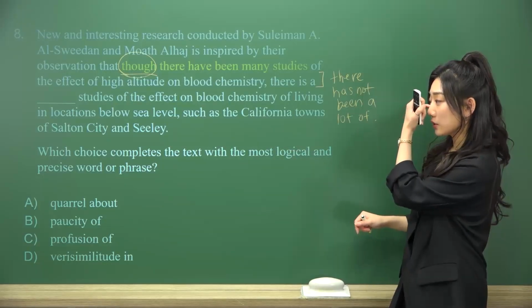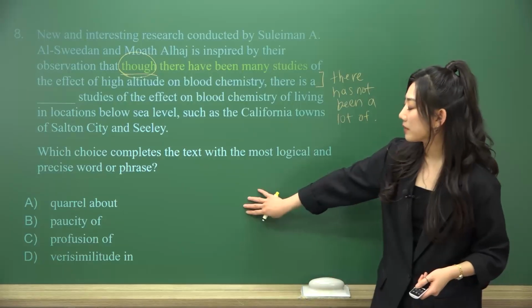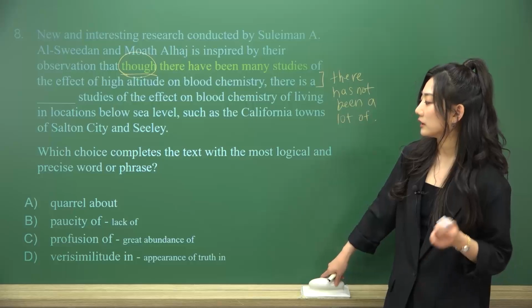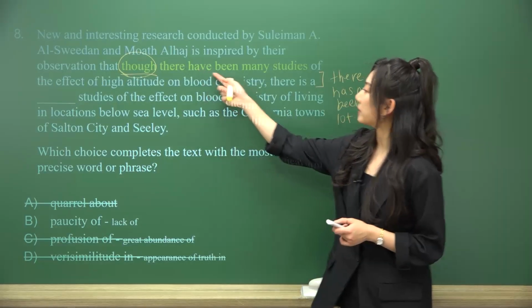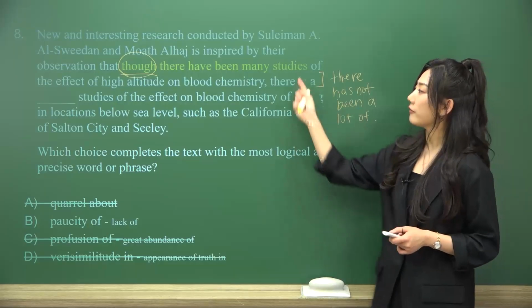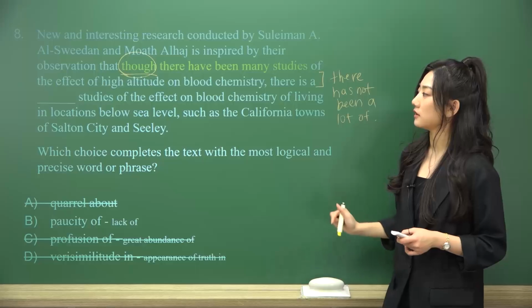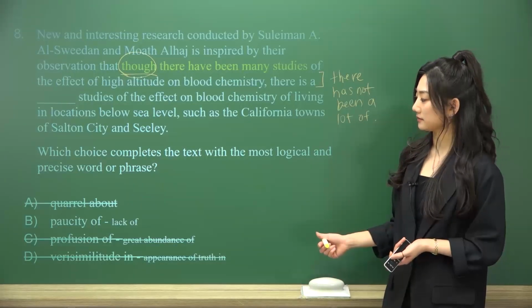There we go, okay? So though, we need to contrast that word though. Our options are quarrel about, paucity of, profusion of, and verisimilitude. So lack of, paucity is going to be your answer, which has to be the opposite of there have been many studies. There have been many studies for that, but not for the effect on blood chemistry of living in locations below sea level. Like that.